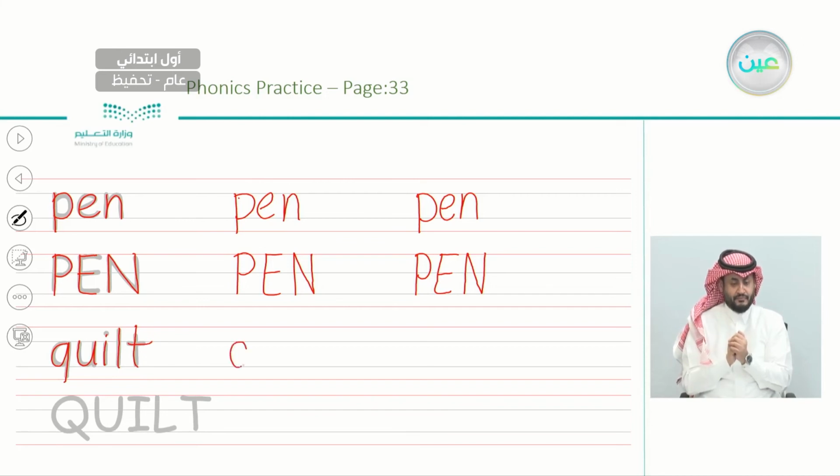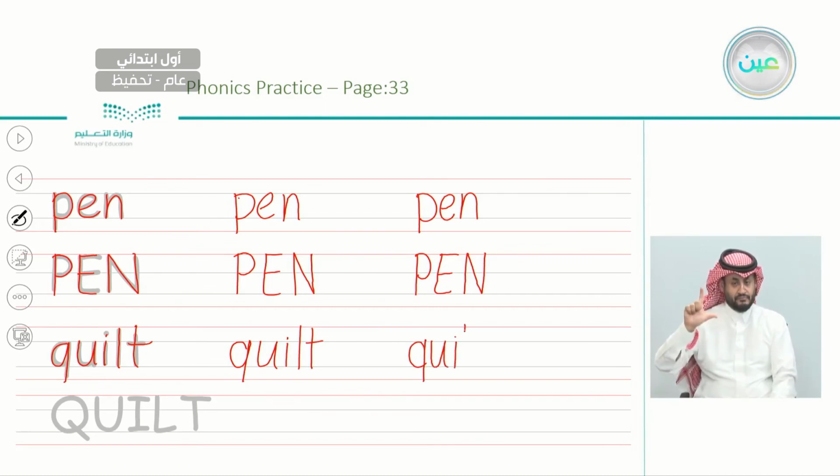Let's write it here. Q, U, I, L, and T, quilt. Again, Q, U, I, L, and T. So you can write T this form or this form.